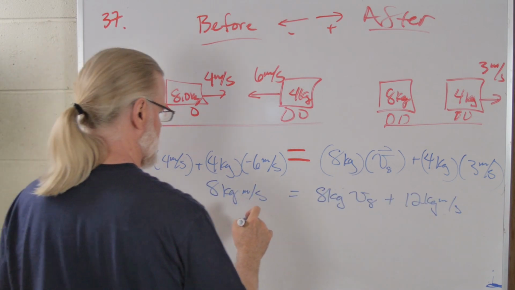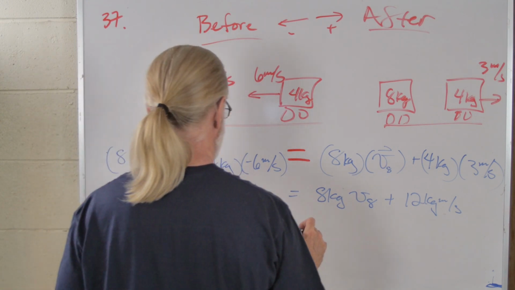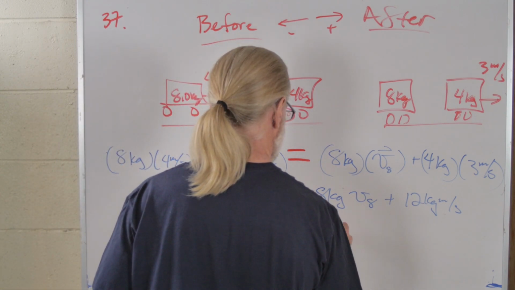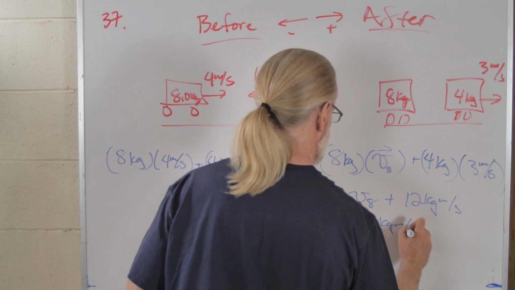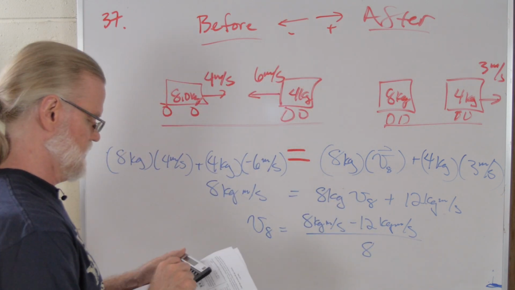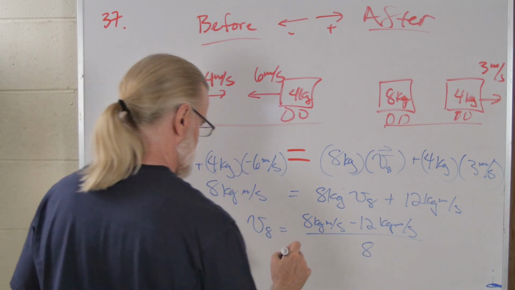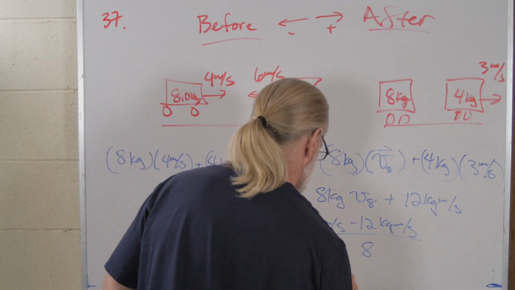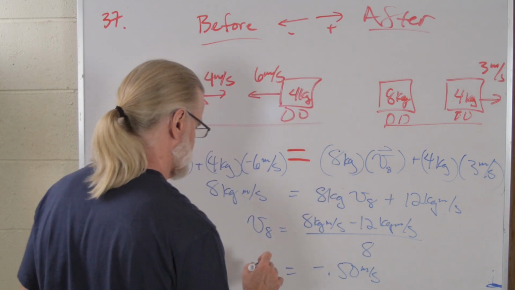And solving for V8, the velocity of the 8 kilogram is going to be 8 kilogram meters per second minus 12 kilogram meters per second, all divided by 8, which is negative 0.5 meters per second.